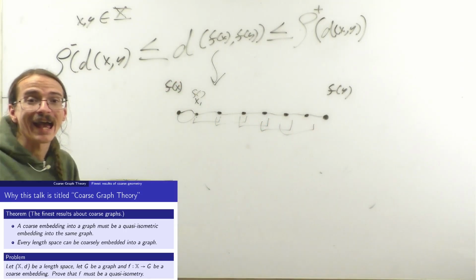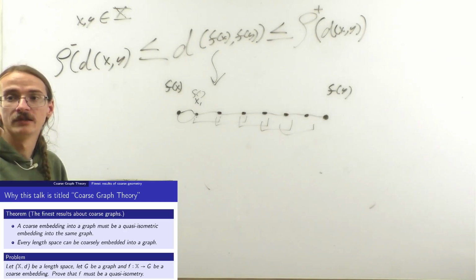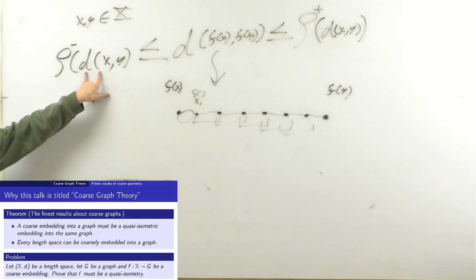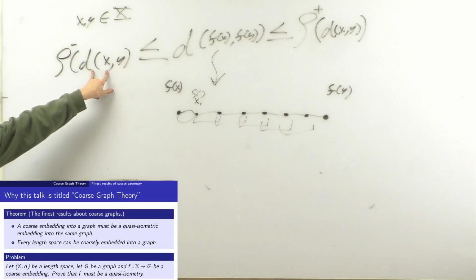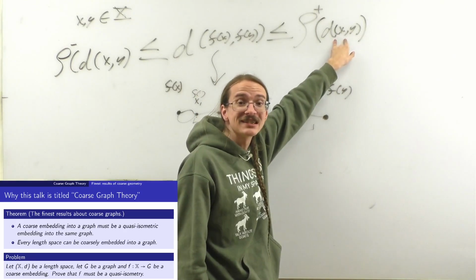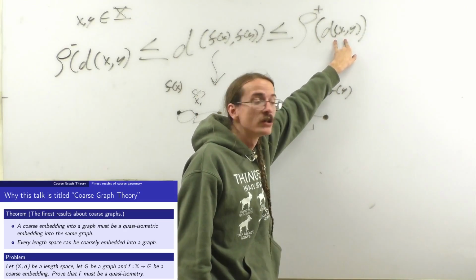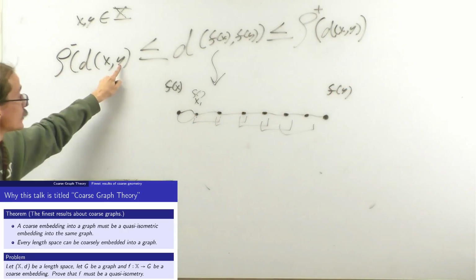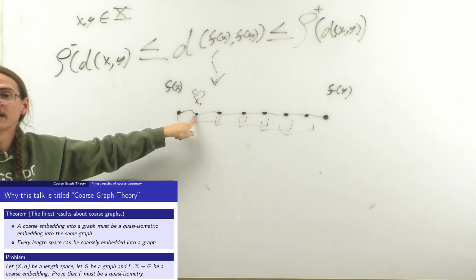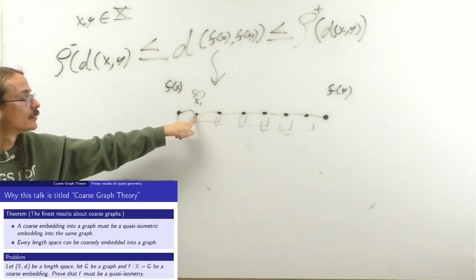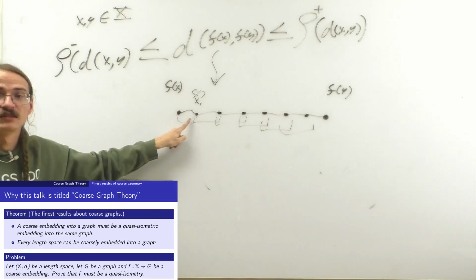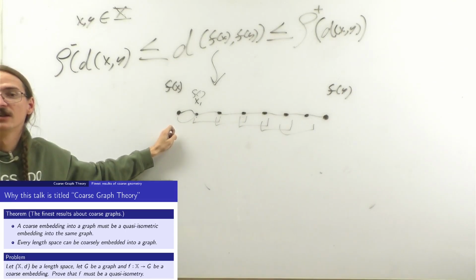Each of those has distance 1. That means I'm no longer dealing with this arbitrary rho minus function of some distance I don't know anything about, and this rho plus function of some distance I don't know anything about. Because if I substitute in here instead of x and y, I pick just the first point on this path, well, suddenly the distance is 1.